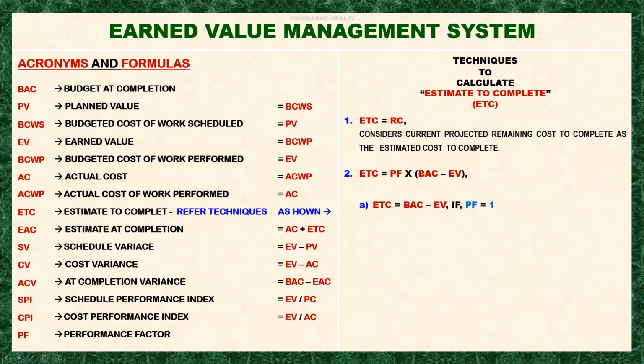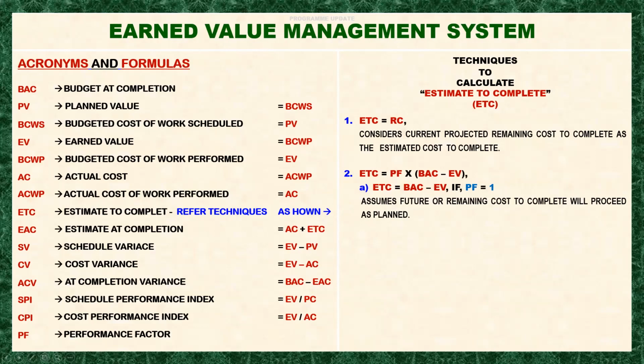So let's now go next. Here is the first choice. ETC is equal to this can be used. It assumes that the future or remaining cost to complete will proceed as planned.